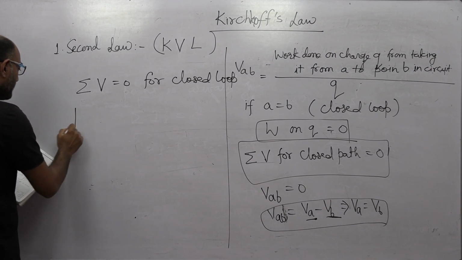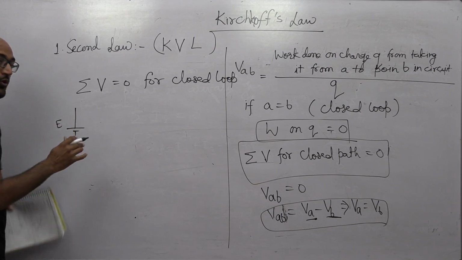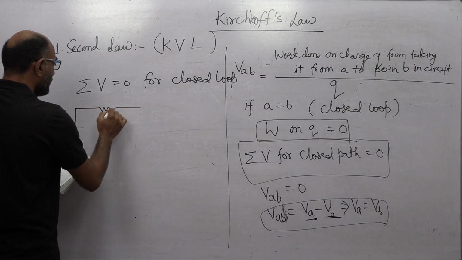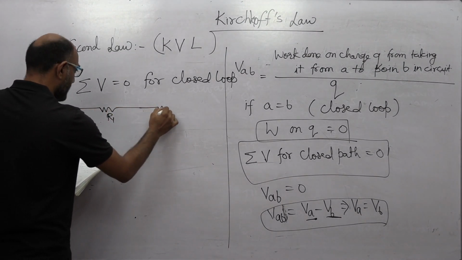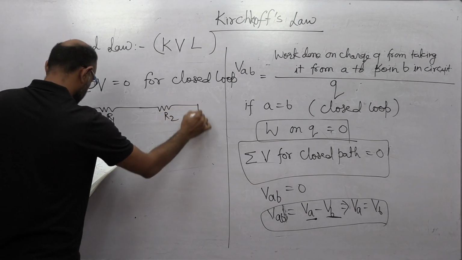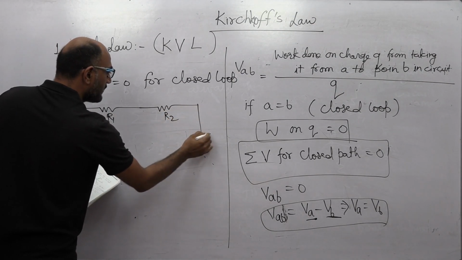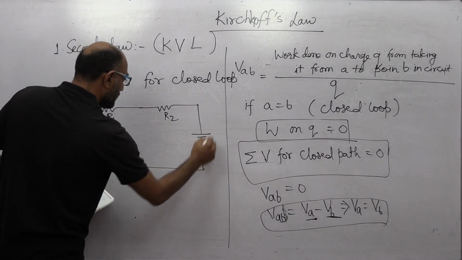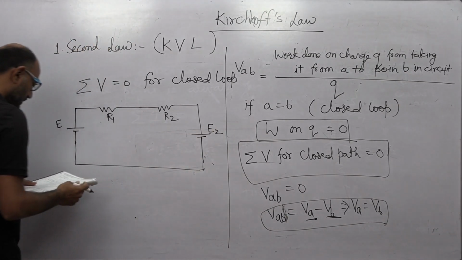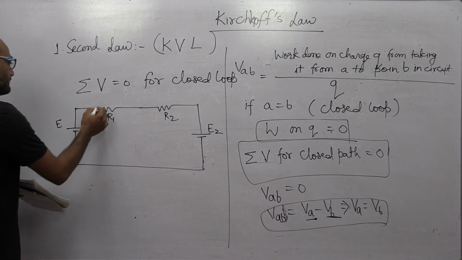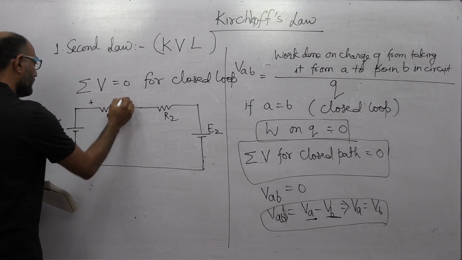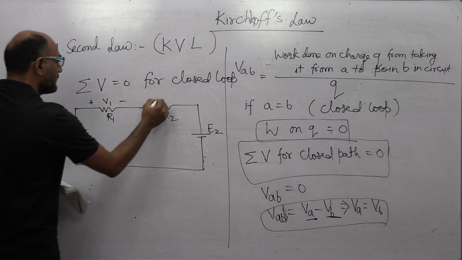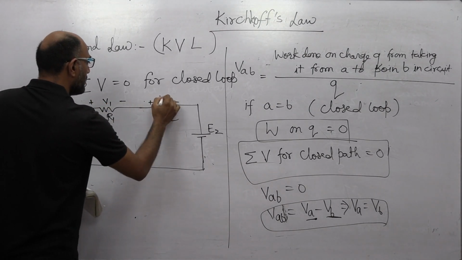So suppose that I am taking a circuit here which has a voltage source E1, two different resistances, value R1 and R2, and another voltage source E2. So here the potential drop on it is V1. Here is V2.